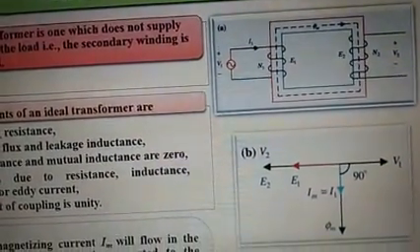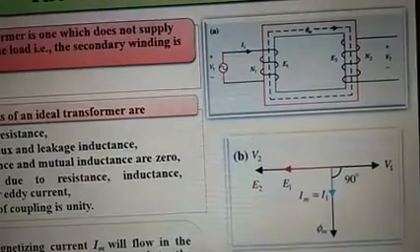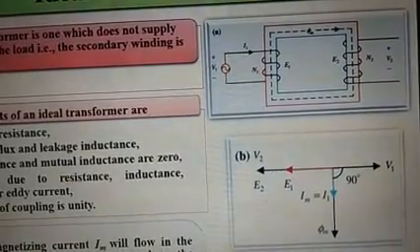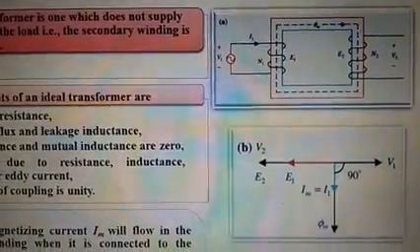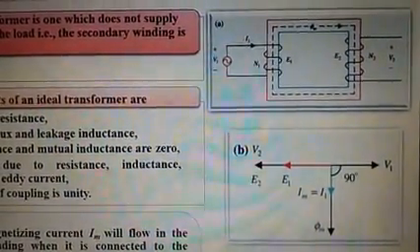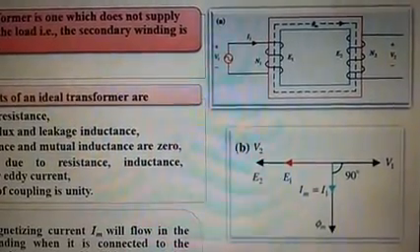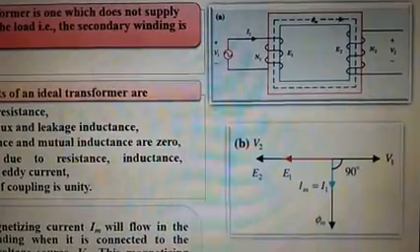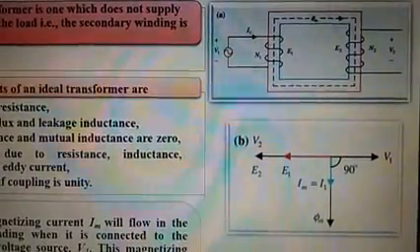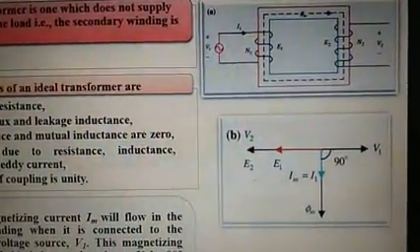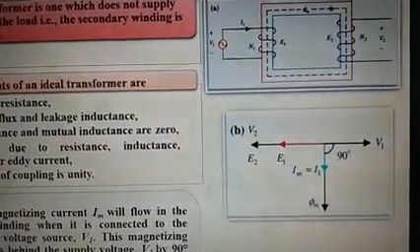Ideally, practically it is not 90 degrees. However, the current is lagging but not exactly by 90 degrees, as you know. So current I1 is lagging behind voltage V1 by exactly 90 degrees due to the pure inductive type of circuit at the primary side.